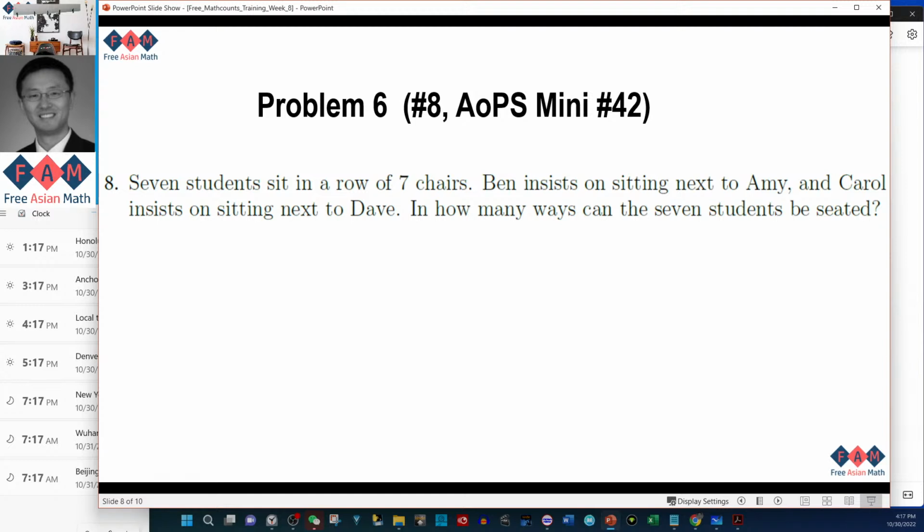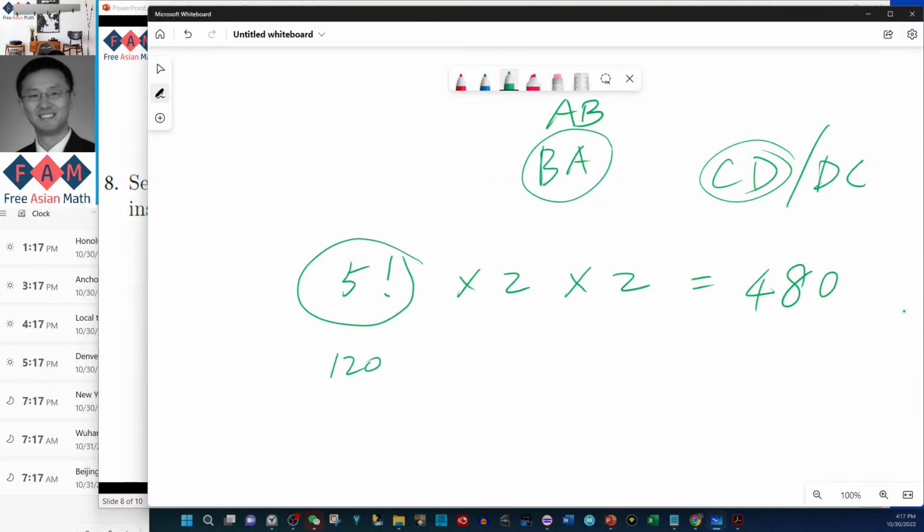The trickiest part is that you should never forget, after you do that, you have to consider the relative order within the 2. We can generalize this standard trick: what if 3 students insist they have to sit in a row? The same thing, you get 3 students in a block, so you have 2 fewer students and 2 fewer chairs.